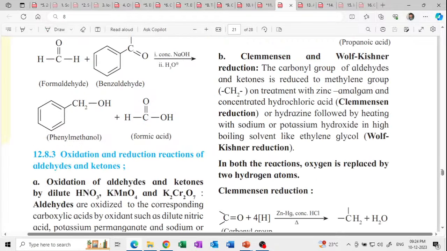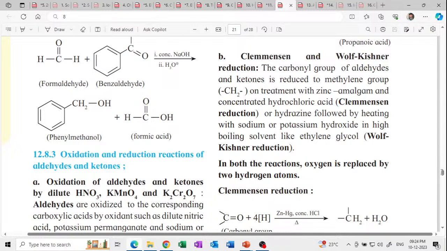Wolff-Kishner reduction. Get it? So you should write it in this way. First write the general reaction. This is very important. Wolff-Kishner reaction. One example, at least any one example.